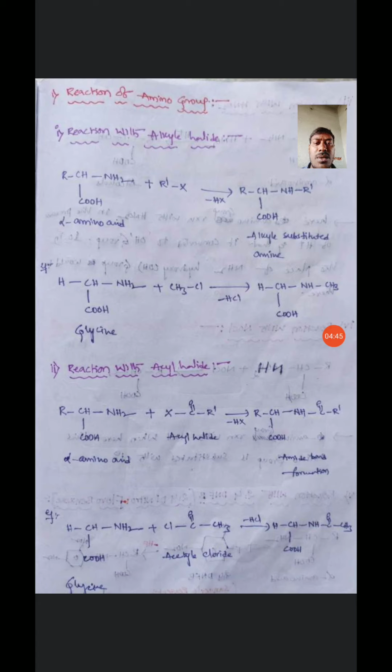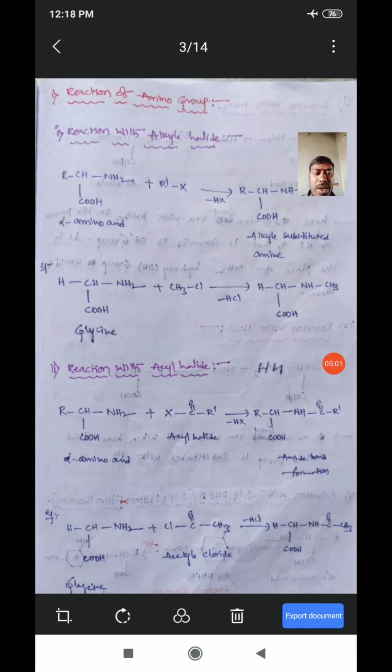So this is the reaction with alkyl halide. In this reaction, the amine group of the alpha amino acid reacts with alkyl halide with loss of HX and forms alkyl substituted amines.